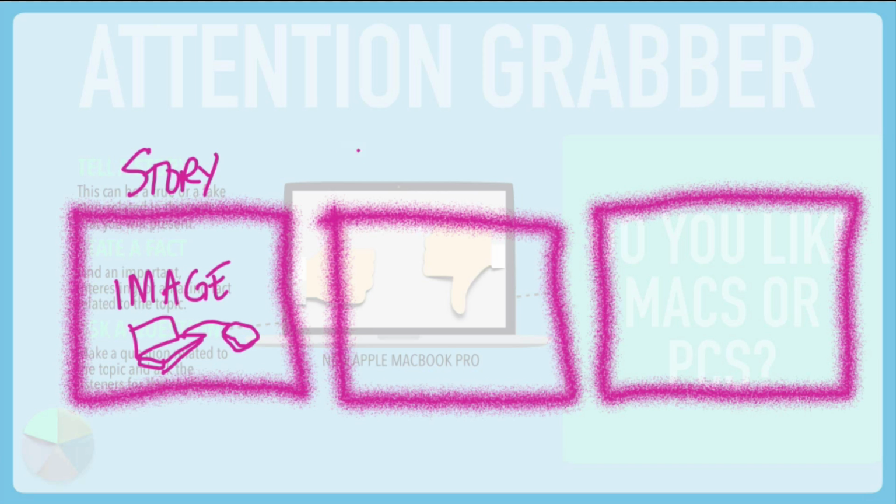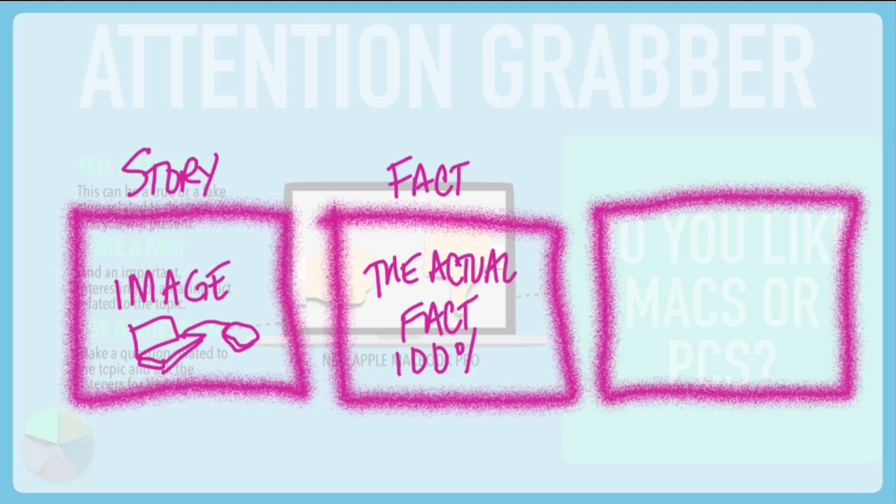Very simple. Okay, the next one. If we chose to give a fact when we were doing our presentation, or in the future when you do your presentation, if you choose a fact, the only thing that should be on the screen is the actual fact. So if I chose to maybe give a percentage or a number, I will put only that information on the screen.